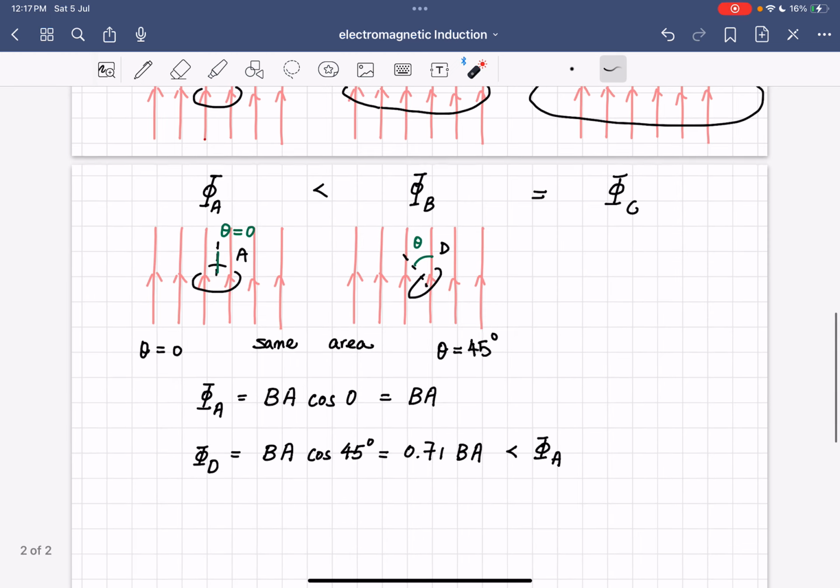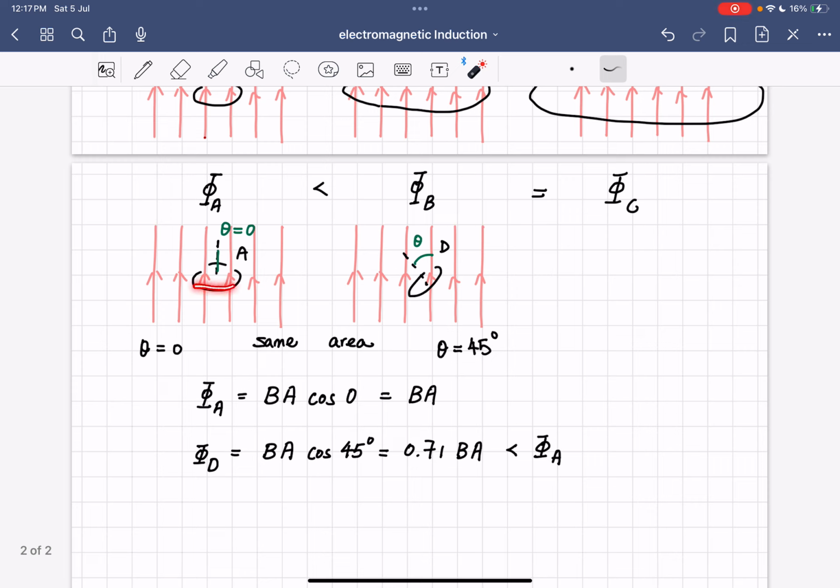So for example, if the loop is horizontal, it can enclose 2 field lines. But if the loop is not horizontal but tilted, then this loop can only enclose 1 field line. Well, how about in the extreme case? Think about it, if I have theta equal to 90 degrees, then how many field lines can it enclose?